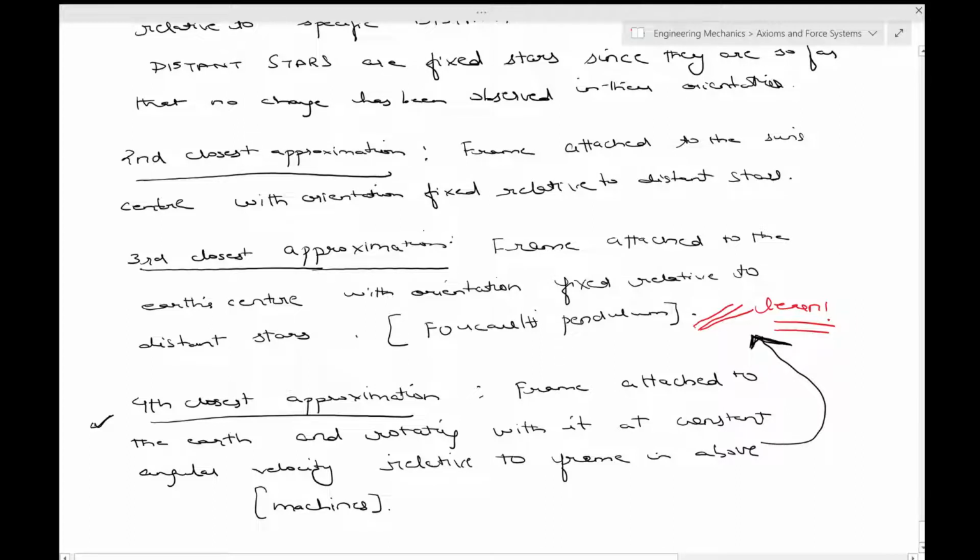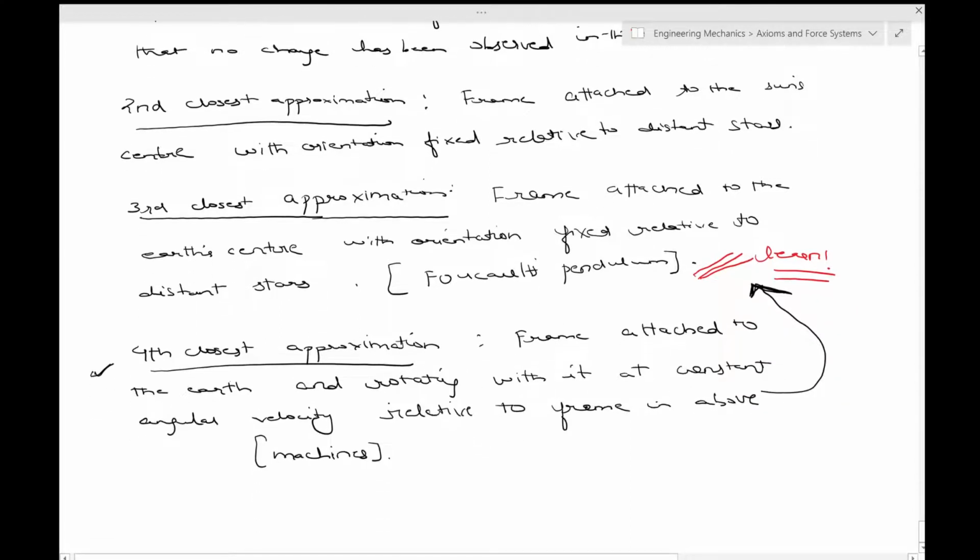It's not exactly, but most of the machines work over here. Okay, so whatever we understand as inertial frame is the one attached to the surface of the earth, rotating with a constant speed with respect to the center of it, because we just know for sure about the rotation of the earth and so on.